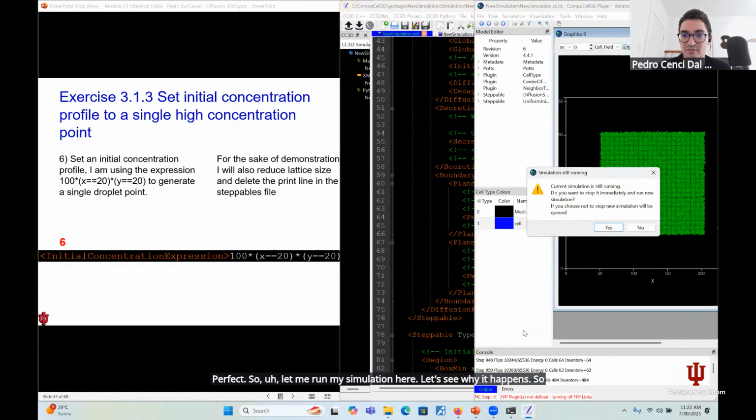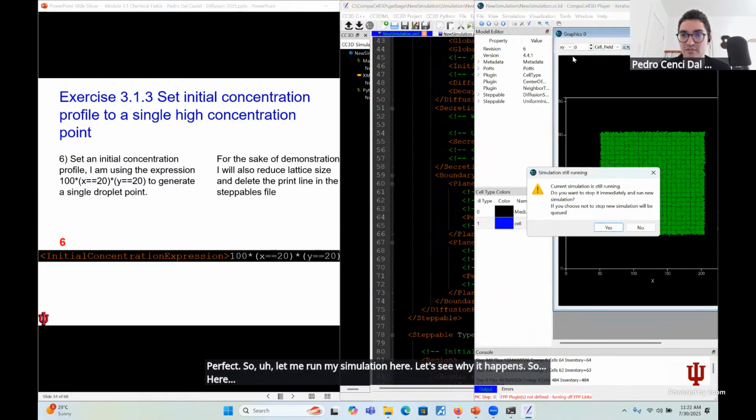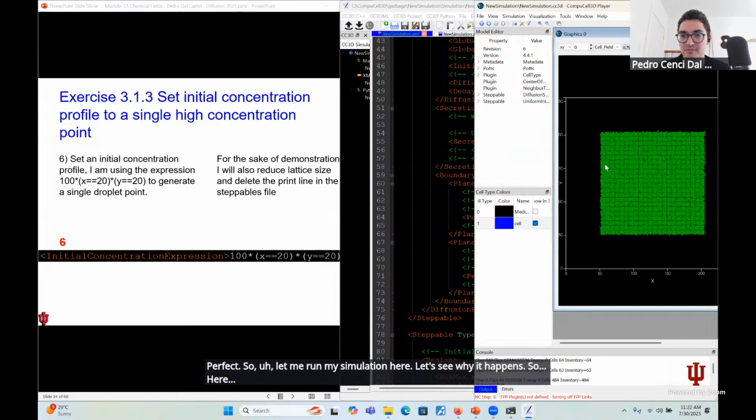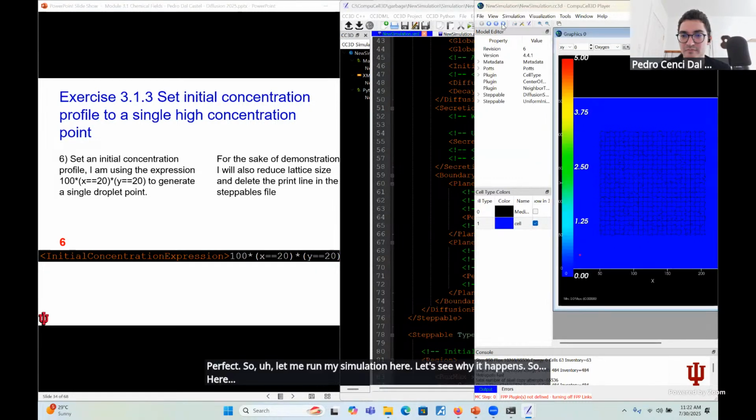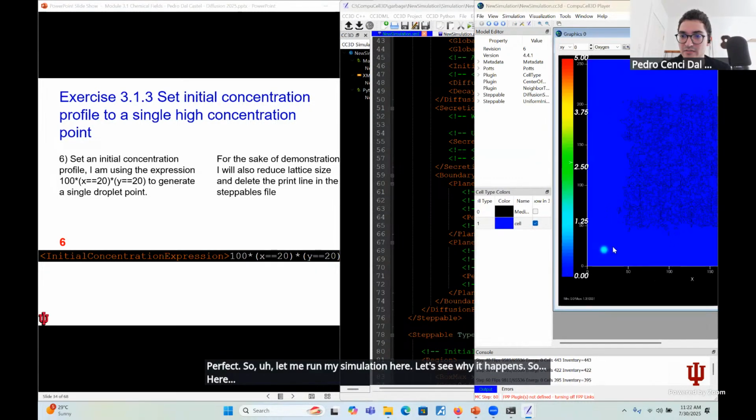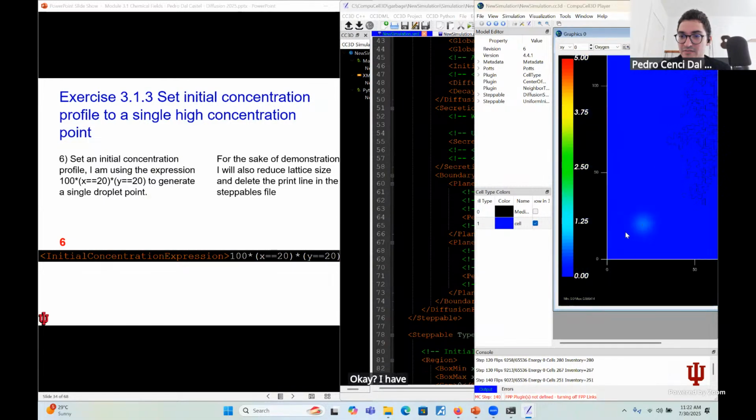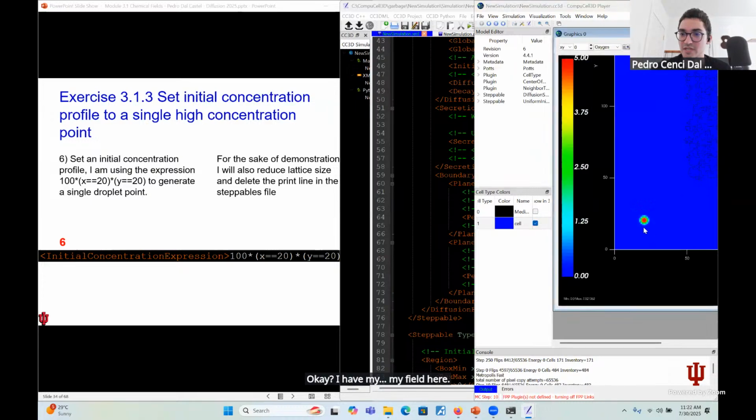Okay, I have my field here. It's a single point and then it spreads and it fades. However, we want to adjust these settings so that I can see the field profile.